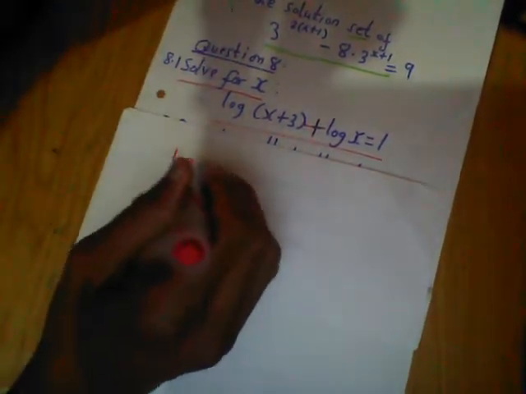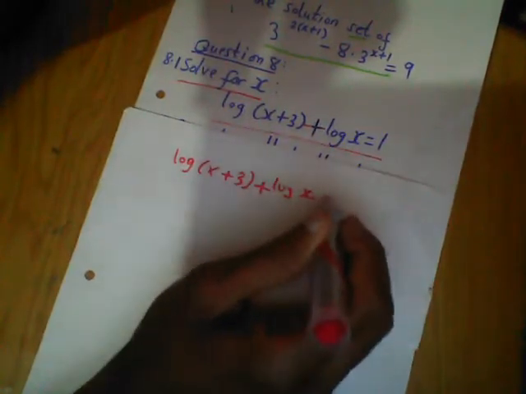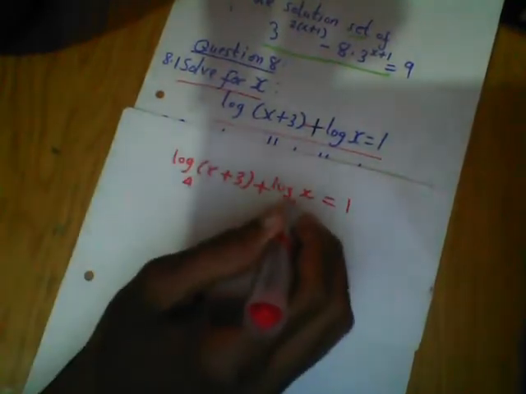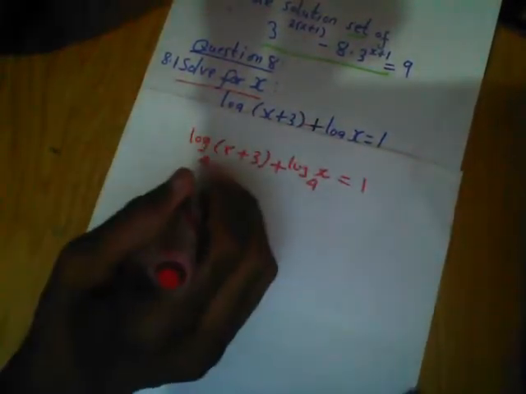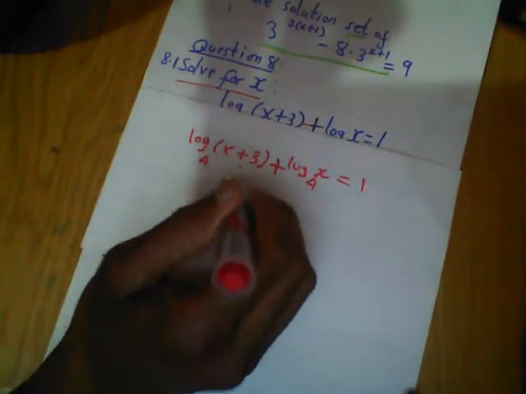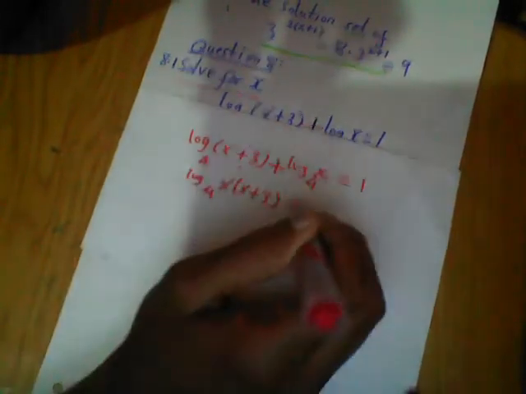So we say x plus 3, and then we add log x equal to 1. Now what is our base? Our base is going to be equal to 4. We have to change the base to 4 and see if it's going to be rational. Since the bases are the same, we multiply: x plus 3 log base 4 equal to 1.